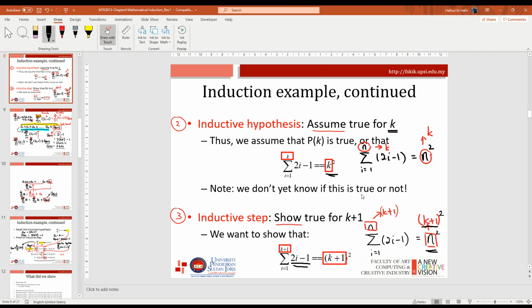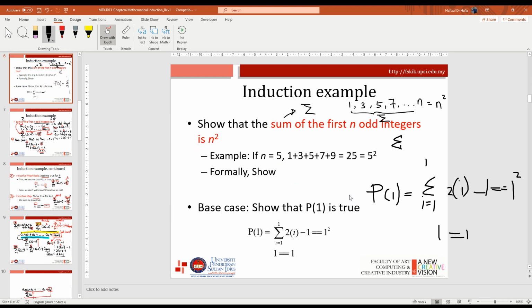Then first, looking at this induction example, we prove it: show that P1 is true by using the value 1. We can conclude that this is true, because 1 is equivalent to 1.